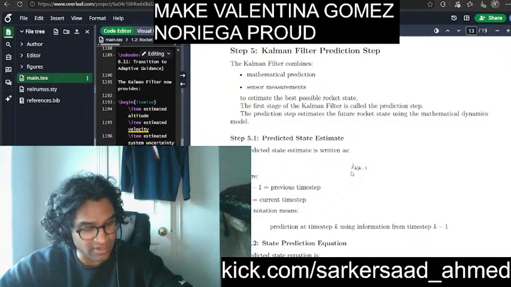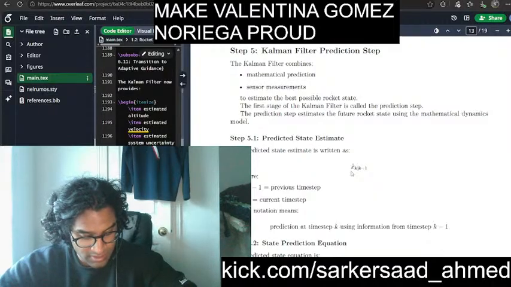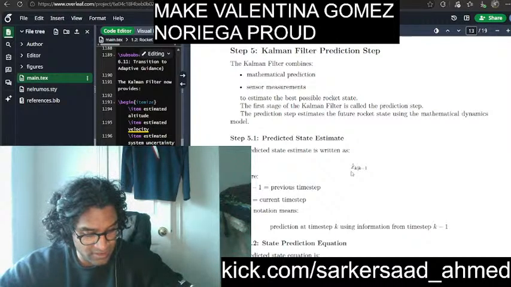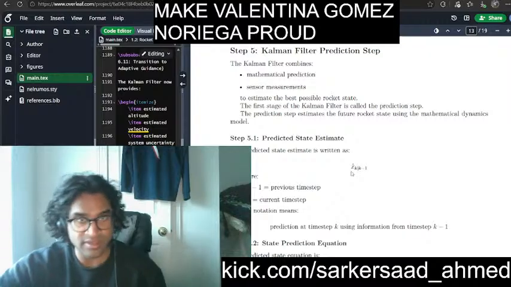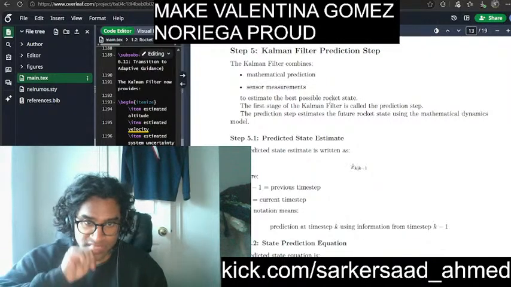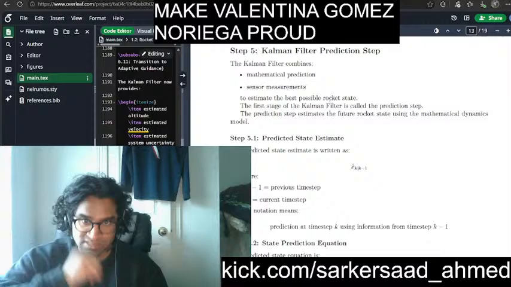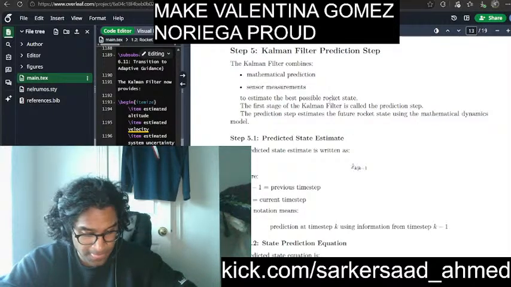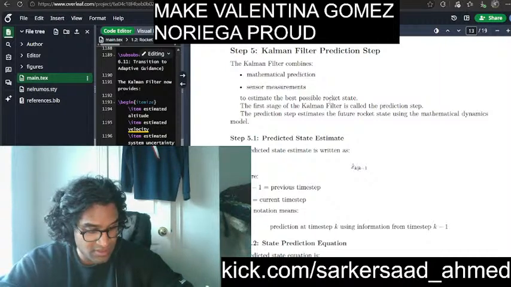So the predicted state estimate is written as x hat of k minus 1.